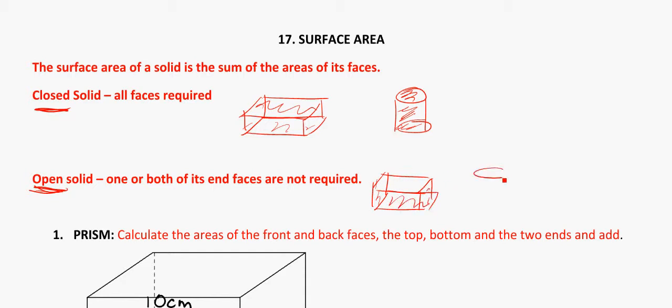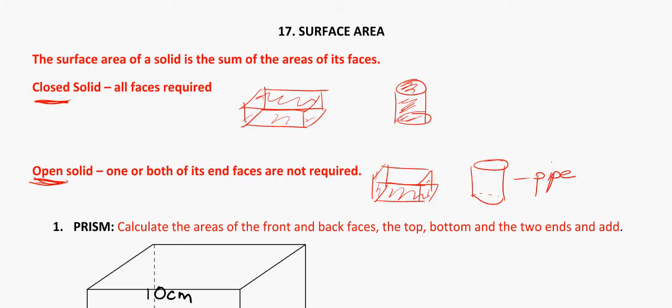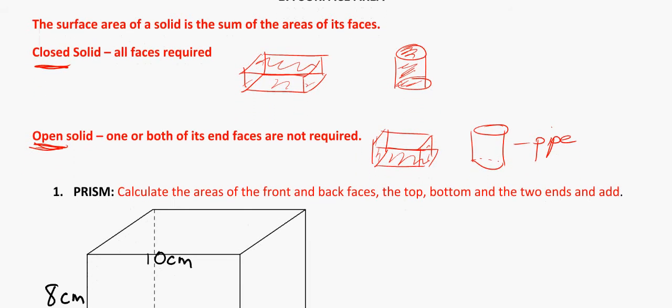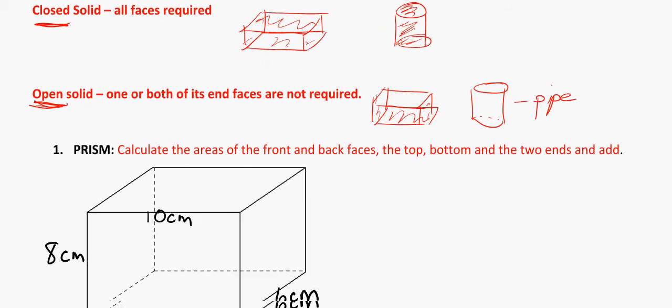Or you could have a cylinder without the top or the bottom, and of course when it's like that it's called a pipe. Okay, so we're going to learn how to find the surface area of these different shapes, and always take note whether it's closed or open.